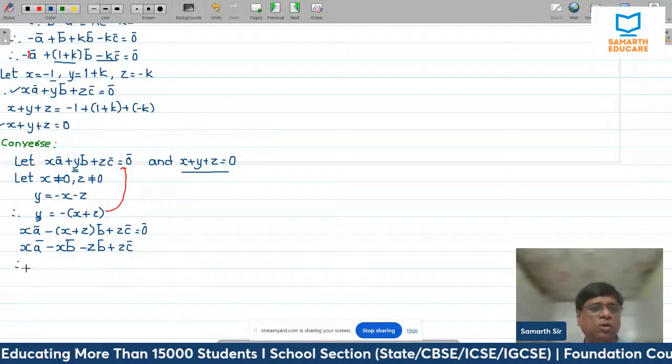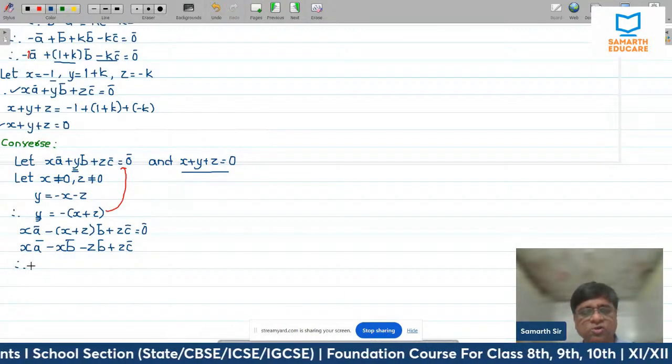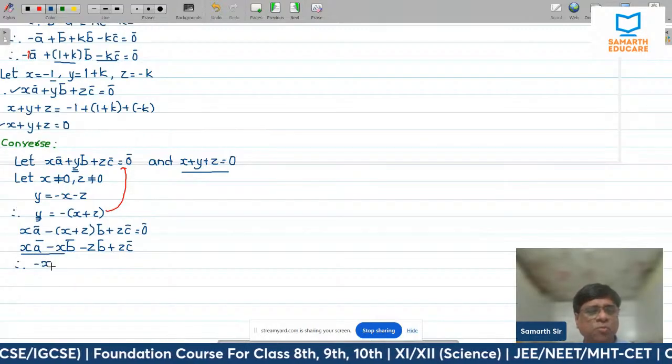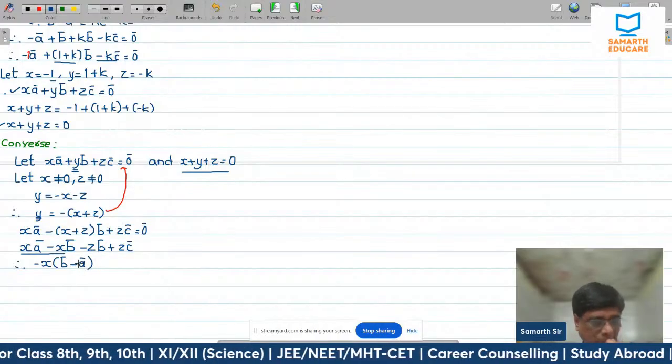Now from the first two terms, observe that if I take minus x common, what will be inside the bracket? That is b bar minus a bar.